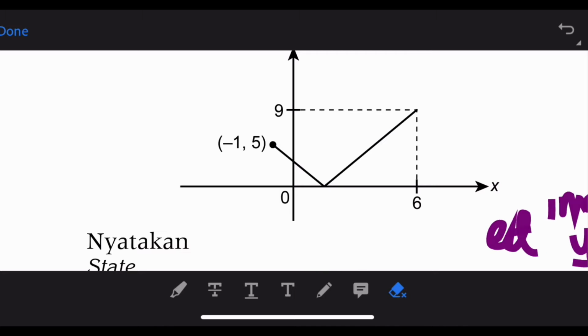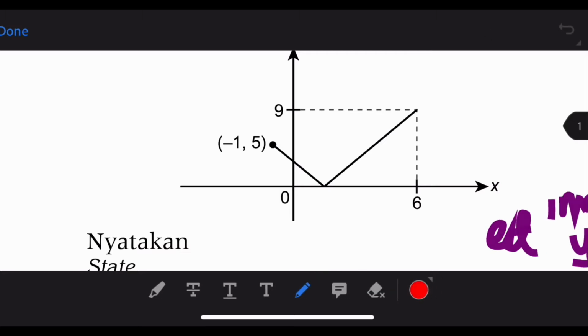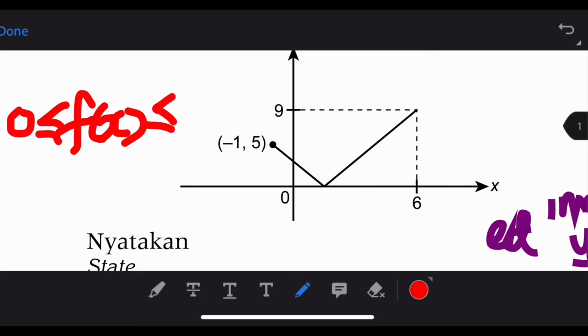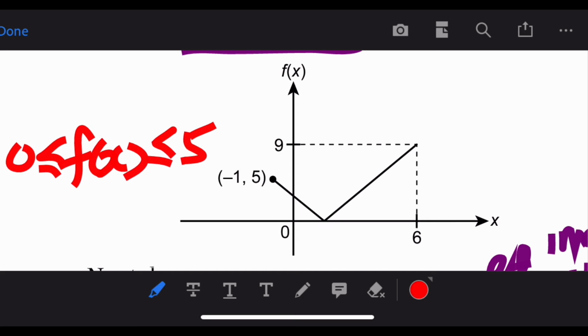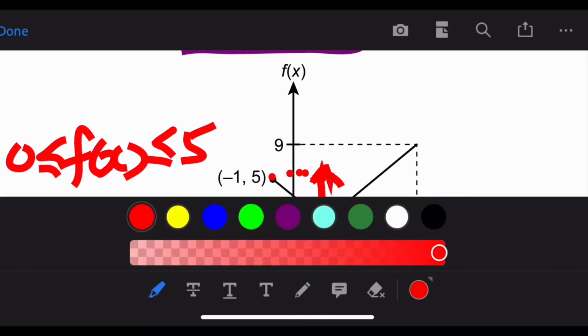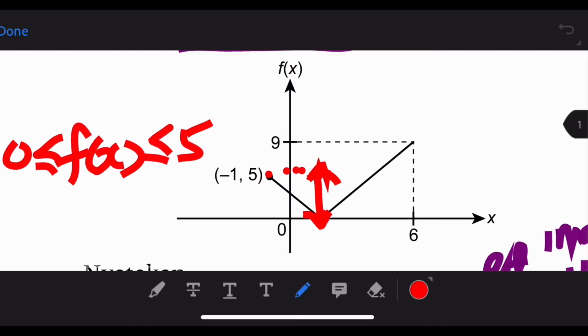When they say the function is from 0 to 5, it means the y value. So we look at the vertical, 0 here, 5 is here, right? That means the range is from here to here. This one happens when the graph is on the function. The function is the line, so let's go to the line and highlight.